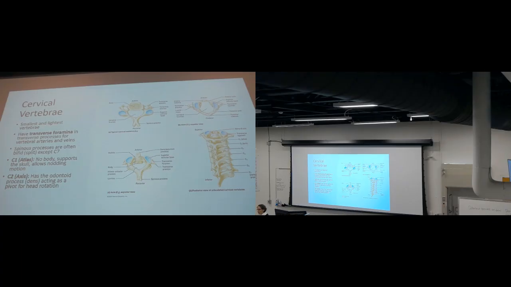And the dens can fall into the vertebral foramen, damage the spinal cord, and the person, if lucky, will die. But if not, it becomes quadriplegic, like Christopher Reeve, that according to me is the handsomest Superman actor that has ever existed.